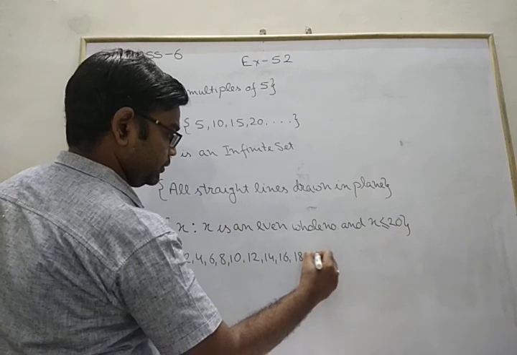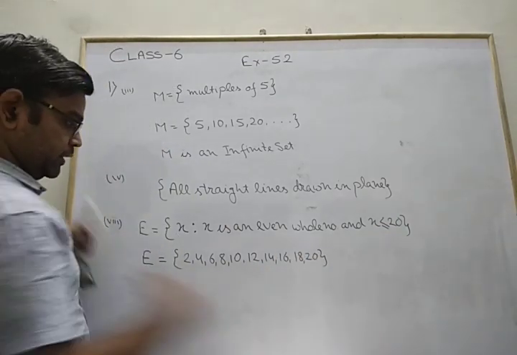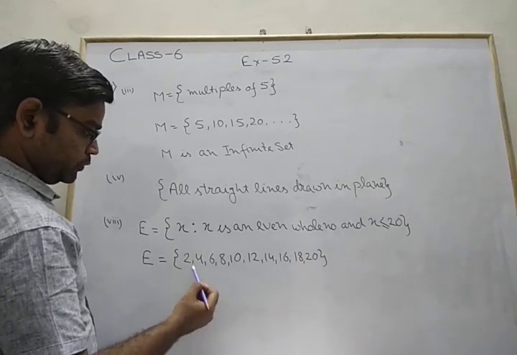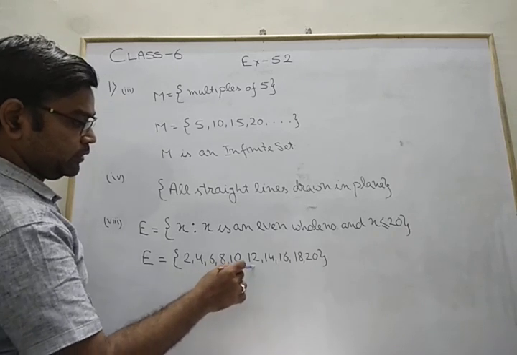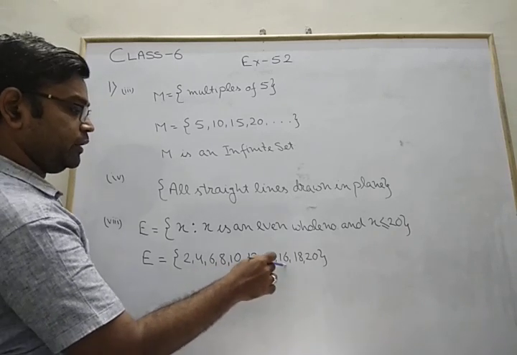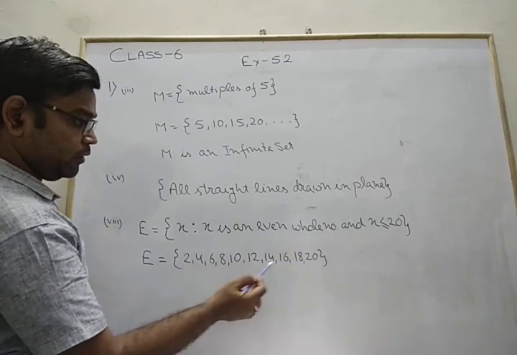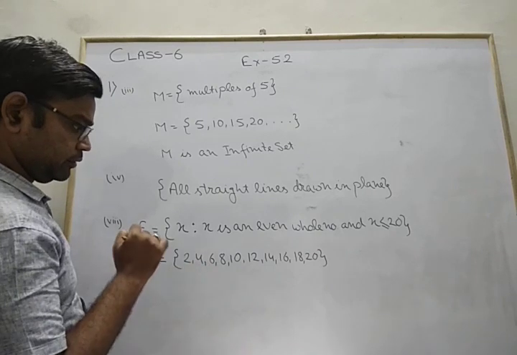So 20. Let's cross-check once again whether any is missing or not. Adding 2 plus 2 is 4, 4 plus 2 is 6, then 8, 10, 12, 14, 16, 18, 20. Count the numbers: 1, 2, 3, 4, 5, 6, 7, 8, 9, 10.